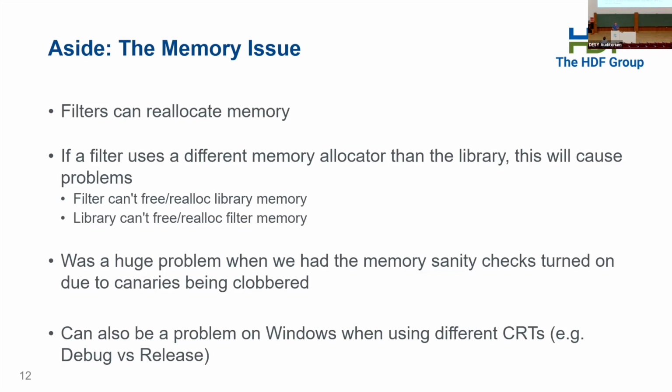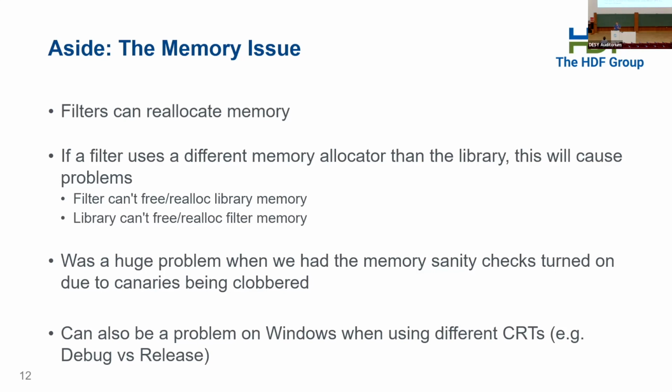But the problem is that the filter can reallocate memory. It can free and create new memory or reallocate. And so if your filter is linked to a different memory allocator than the library is, you can wind up with problems. You see this most commonly with Windows, because you'll have a debug C runtime and a release runtime. If you have a release library and you're creating your filter plugin with the debug library, those do not share state.